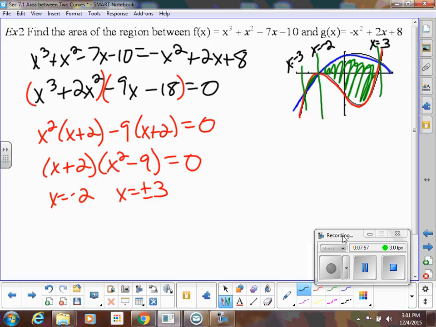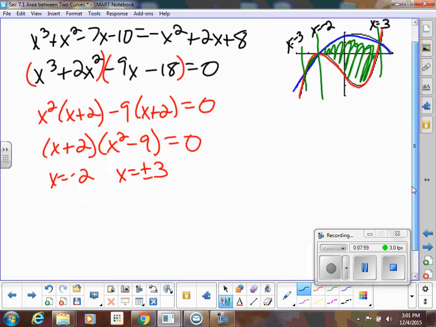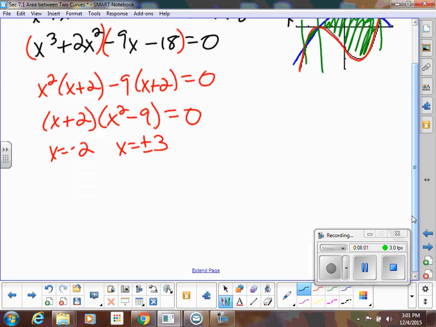Okay, so now we're ready to set up our integrals. So for that big area, I'm going to be going from negative 2 to positive 3. You know what, let's just work from left to right. I changed my mind. I'm going to go from negative 3 to negative 2. Okay, so I'm doing that little bitty tiny sliver.